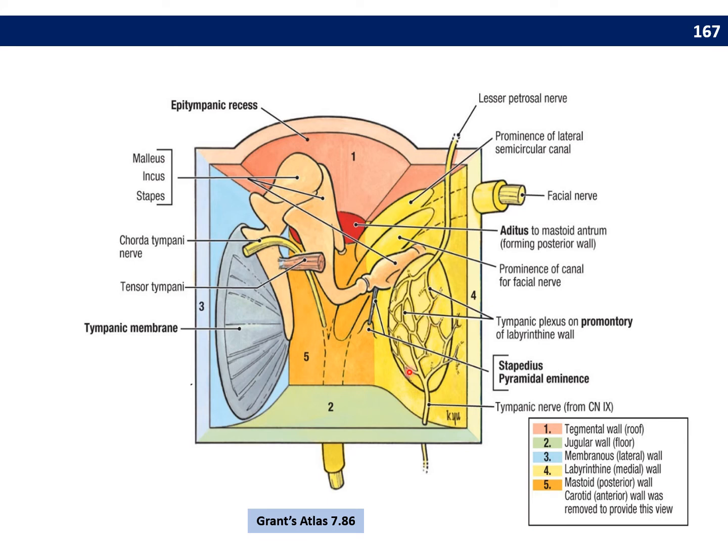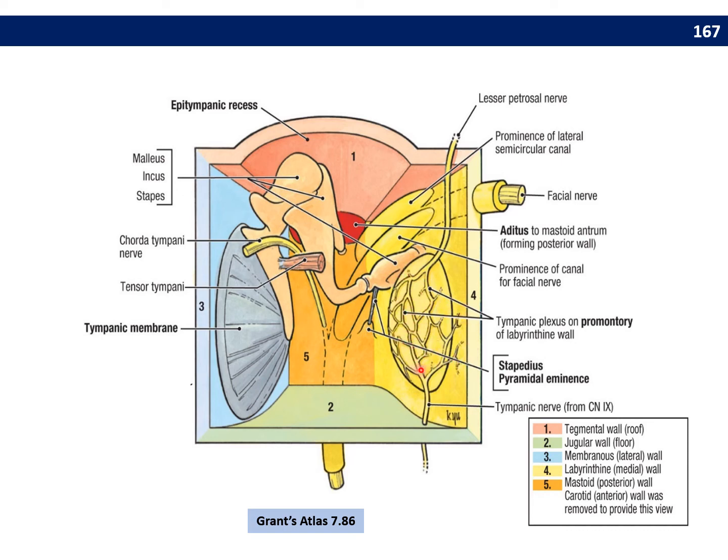From the glossopharyngeal nerve, which sends a tympanic branch through a structure called the tympanic canaliculus, the tympanic nerve then supplies this turn of the cochlea, or the tympanic promontory, the promontory on the labyrinthine wall.